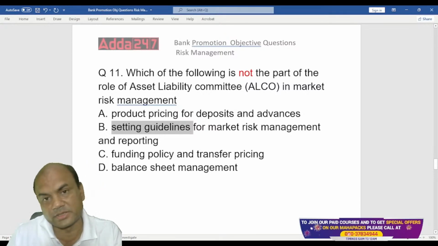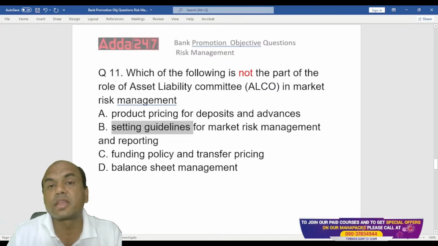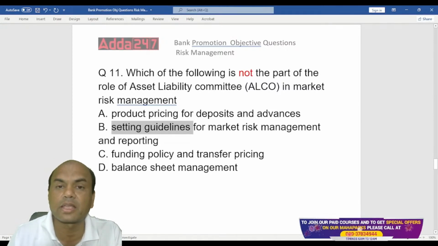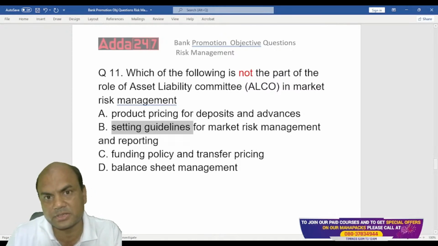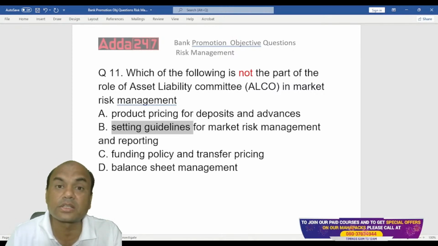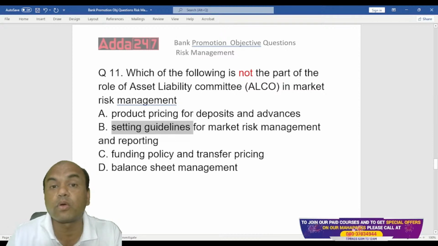Funding policy, yes. Funding policy means loan policy and transfer pricing. Transfer pricing means the rate at which the loans are sold to the treasury. Retail or corporate banking will give the loans to the customers, and these loans are sold to the treasury. The rate at which they are sold is known as transfer pricing.